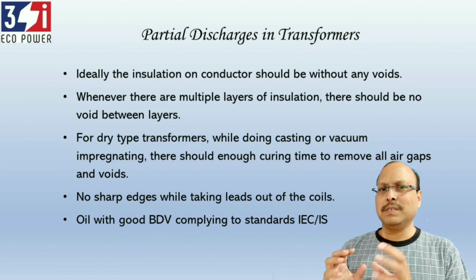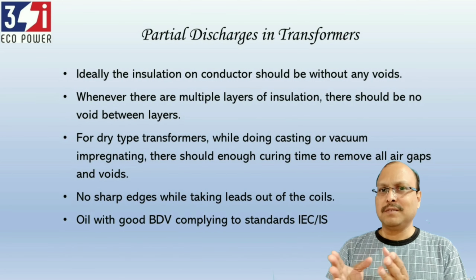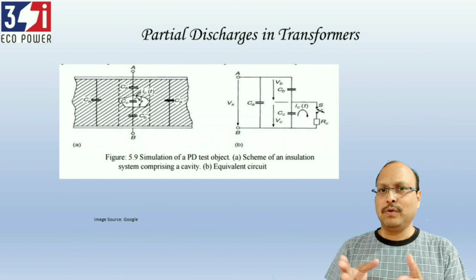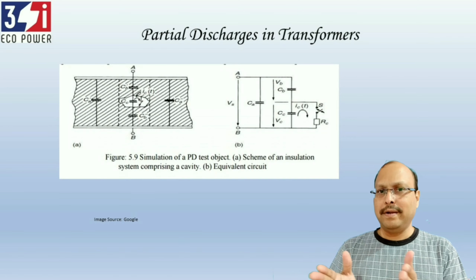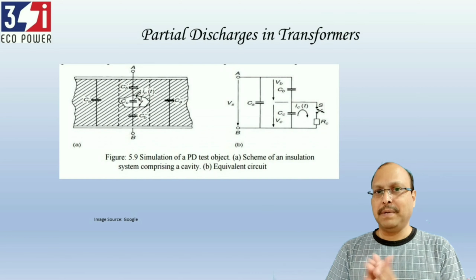So these are the minimum points we have to ensure. Basically, partial discharges occur because if there is a space where nothing is there, like a void, either side of the void or space becomes like a parallel plate capacitor.